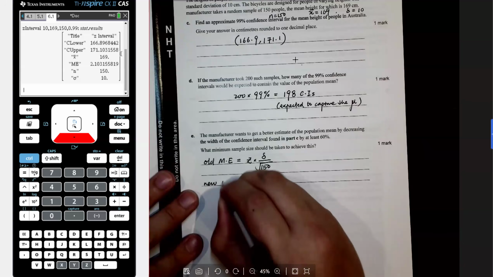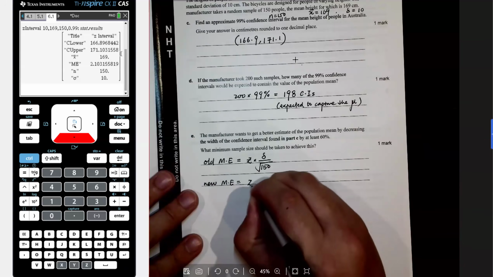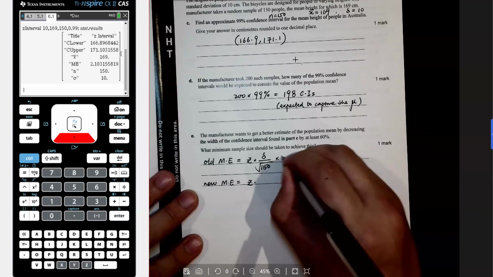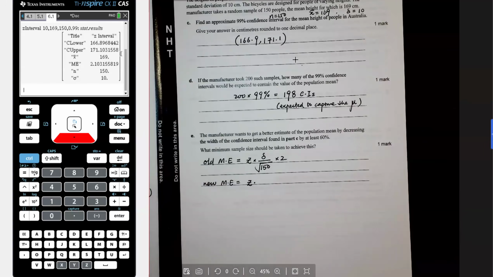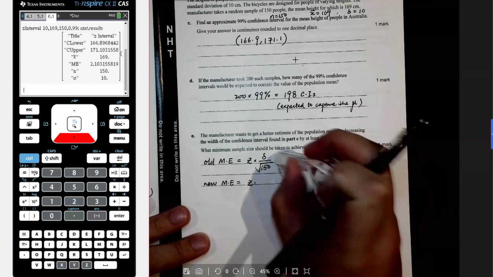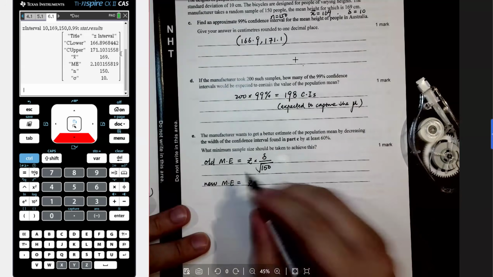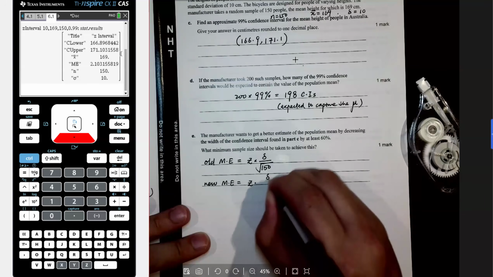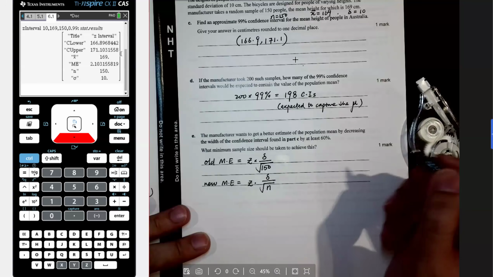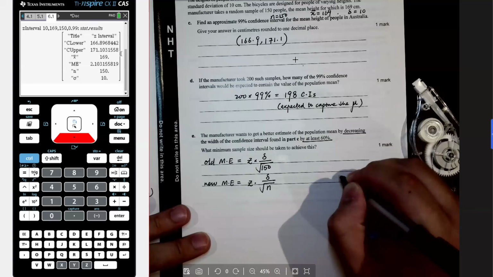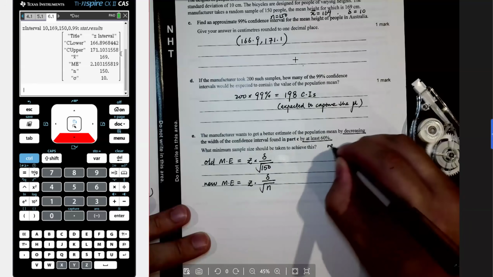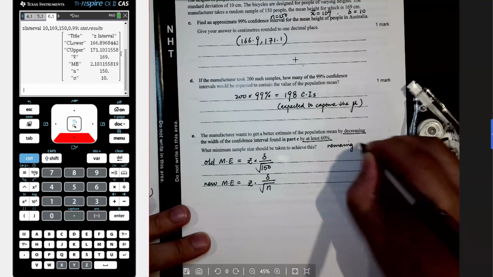The new margin of error is z times sigma divided by an unknown n. If you decrease by at least 60%, then how much is remaining?